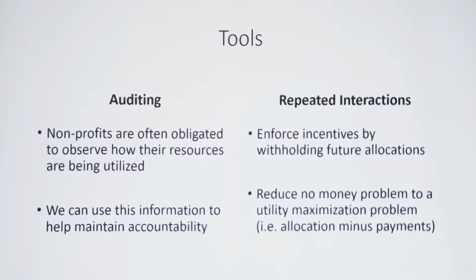And the way we're going to use this is to enforce incentives by threatening to withhold future allocations. And what this is going to do for us is allow us to reduce this repeated no money problem to a single round utility maximization problem. So rather than trying to maximize social welfare without access to payments, we're just going to be trying to maximize social welfare minus payments.